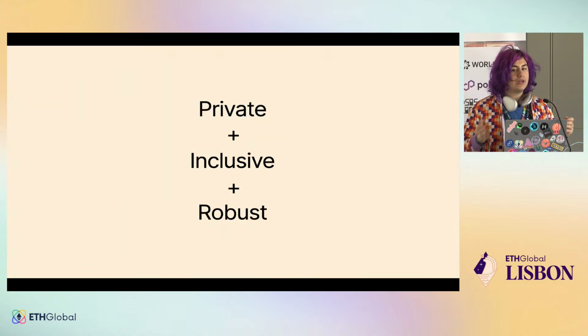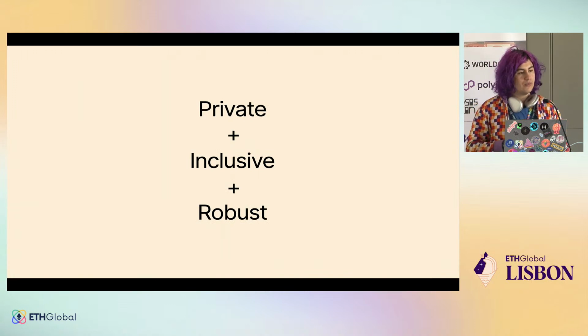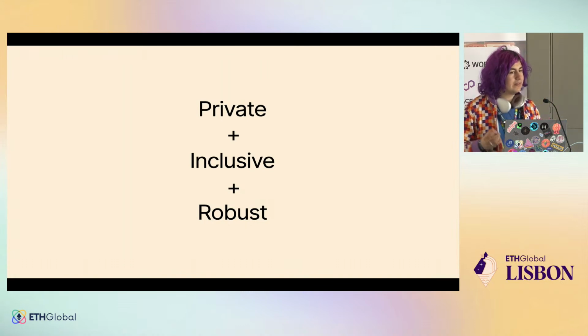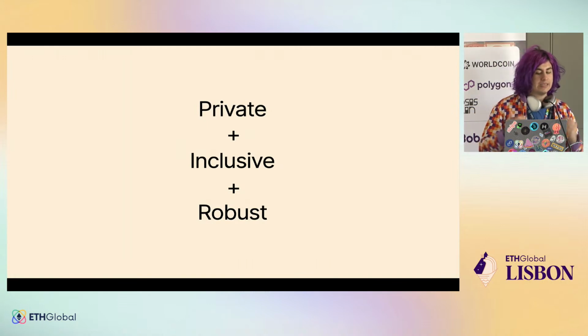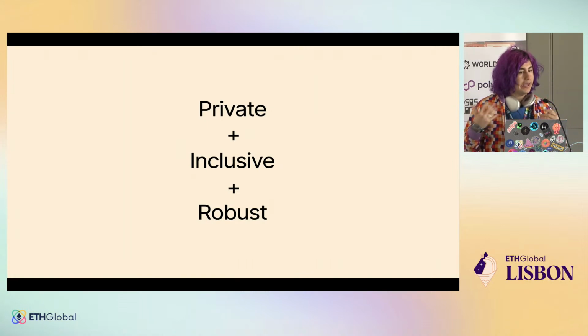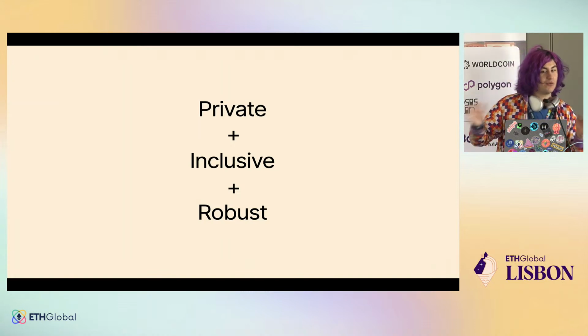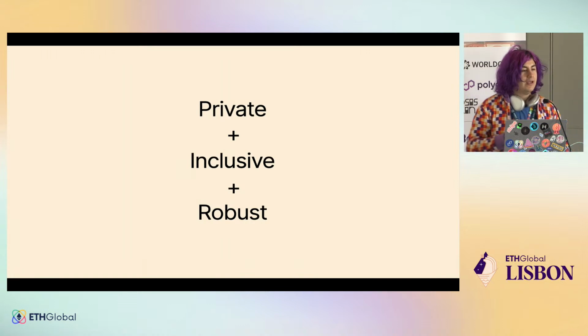What became clear really quickly is that there were 3 requisites for whatever solution we picked: that it was private, that we didn't get a database of everyone in the world's information, that doesn't seem great; that it was inclusive, meaning that everyone in the world would have closer to an equal opportunity to sign up. An example of something that's not inclusive would be, I don't know, asking for a driver's license for the US, that disqualifies most of the world; and that it was robust, meaning that it would actually hold billions of humans in the system without breaking, making it easier to scale.